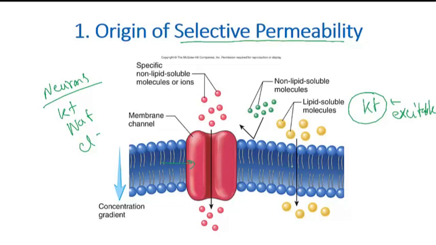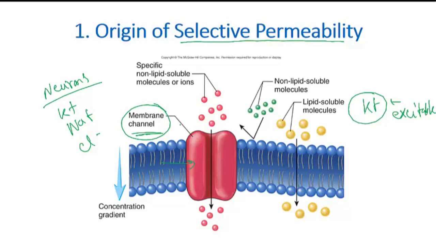But non-lipid soluble molecules are normally prevented from diffusing through the lipid bilayer. However, they can also pass through the membrane if they have a membrane channel. That is the importance of a membrane channel protein. We've already talked about membrane channel proteins in the last video, so if you don't know about them, I strongly recommend you go and watch that video so that you get a better idea about this video.